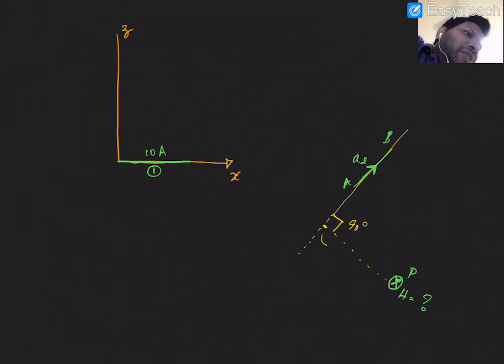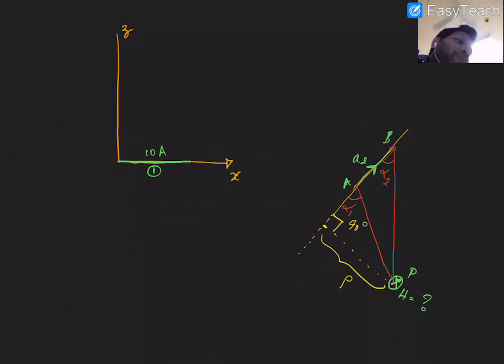Okay, and what is this distance? This distance is rho. Then after that, I will join from A to this point and from B to this point, and this angle, which is outside the triangle, shown in this red color, is known as alpha 1, and what is inside is alpha 2. Then I can get the direction of this rho, a rho.